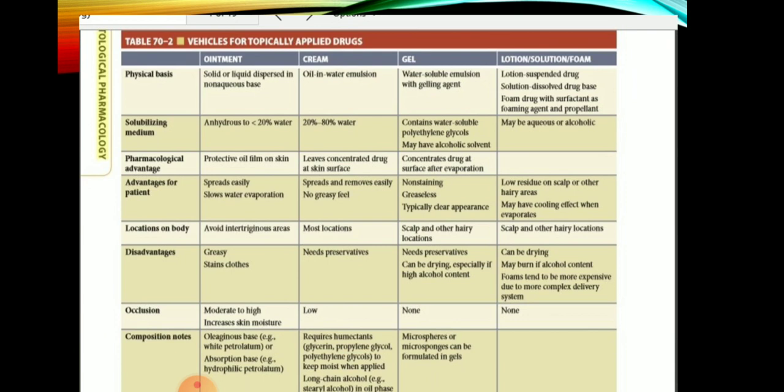In case of occlusion, a moderate to high increase in skin moisture will be seen with ointment, which is not seen with cream. But as I said, the chance of pigmentation is higher with the ointment form, and as it's greasy, it's always better to avoid ointment wherever you feel a cosmetic problem lies with the patient.